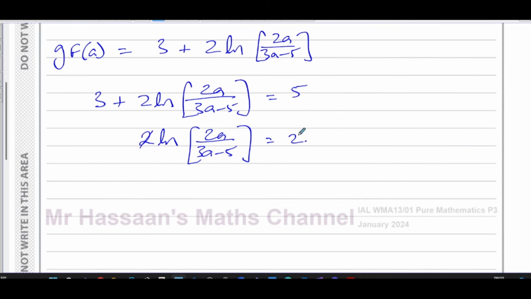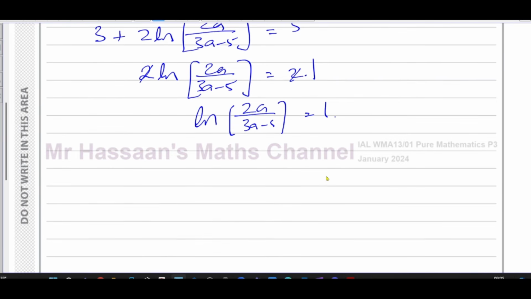The 2's cancel when you divide, so you're going to have 1. So we have ln of 2a over 3a minus 5 is equal to 1. Now remember, ln means log to the base e. So we can say here that 2a over 3a minus 5 is equal to e to the power of 1, which is e.